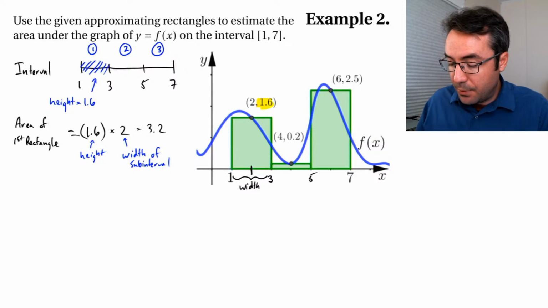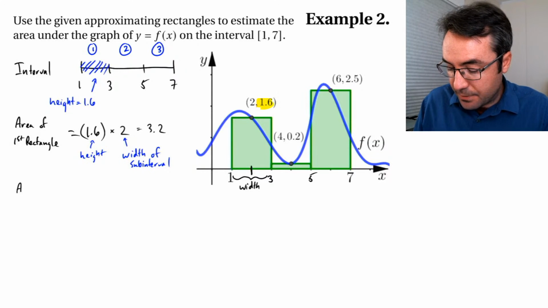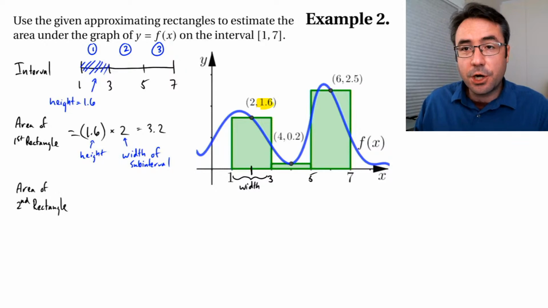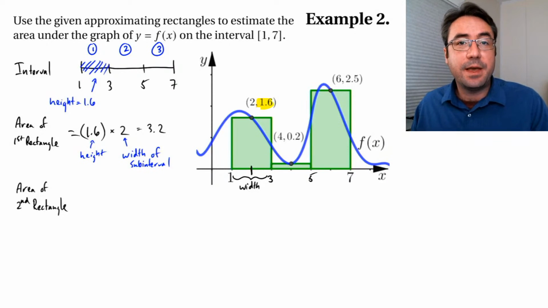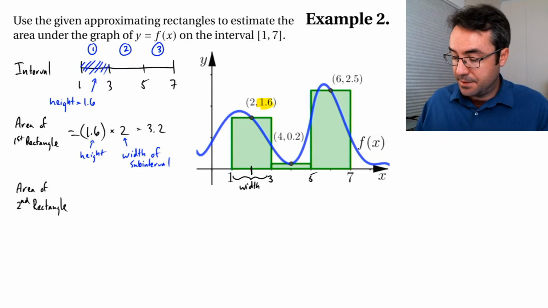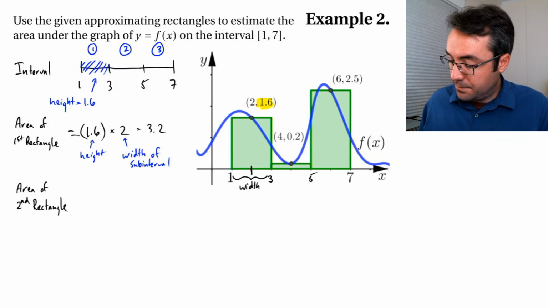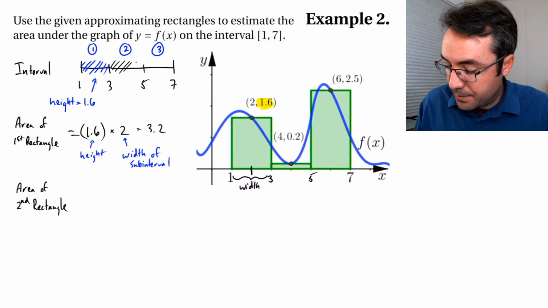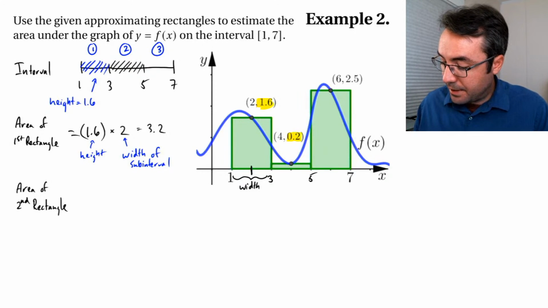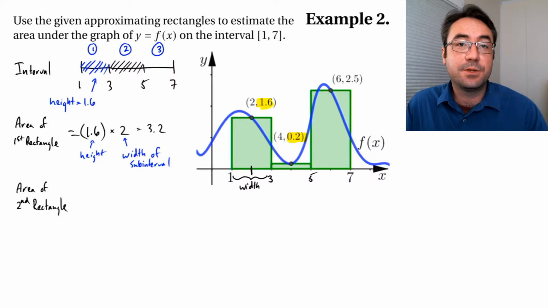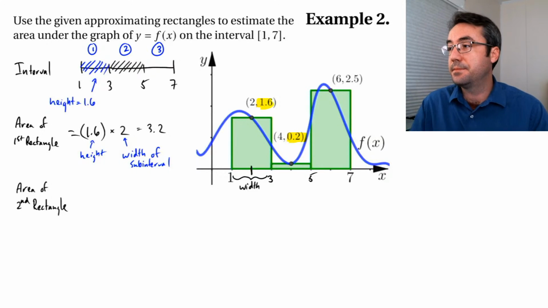Then we'd play the same game. We go to our second rectangle there. Even though our function is curved, we're going to assume on that subinterval we have a constant height. So for our second interval, between 3 and 5, the height there is the y value of our coordinate.